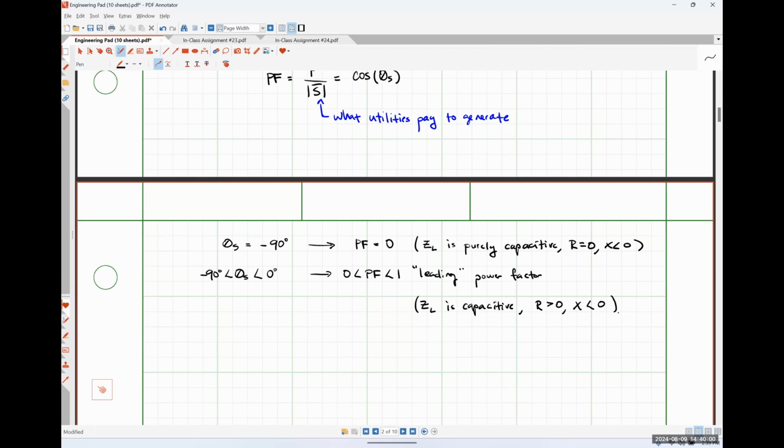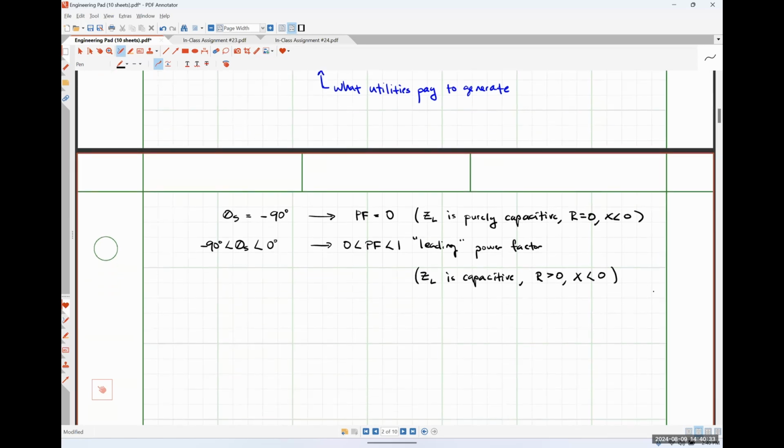So if we know that we have a power factor of 0.73 leading, that tells us that our power factor angle is somewhere between negative 90 degrees and 0 degrees. And it also tells us that whatever load we have has real resistance and negative reactance. So that's what I'm talking about. Knowing the power factor or knowing the angle tells us information about the load.